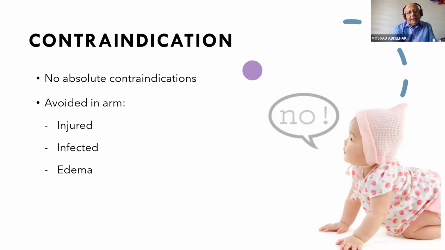So you can write contraindicated in infection, but if injured and edema, consider it as a different weight. Avoided may be understandable, but if there is infection in the place, even if I'm going to do a lumbar puncture, it's contraindicated. I will boost the organism inside the body.